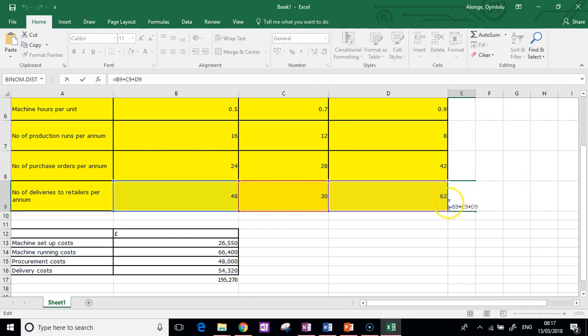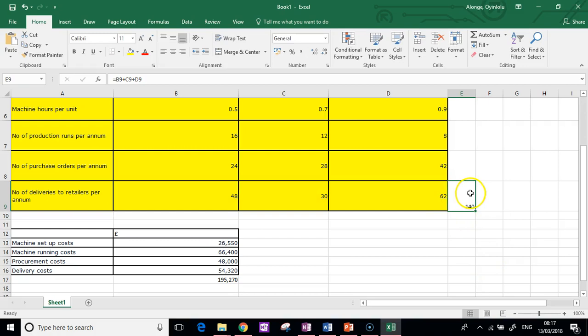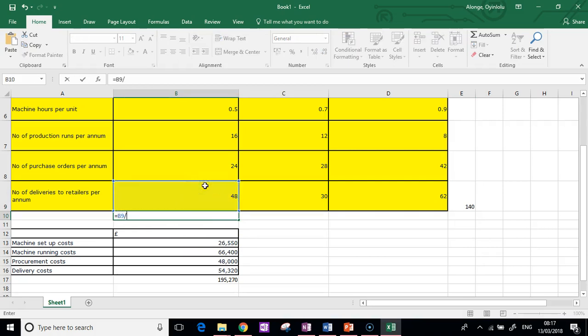Then I want to get what percentage of this widgets have used, and it's 48. So widgets have used 48 out of 140.